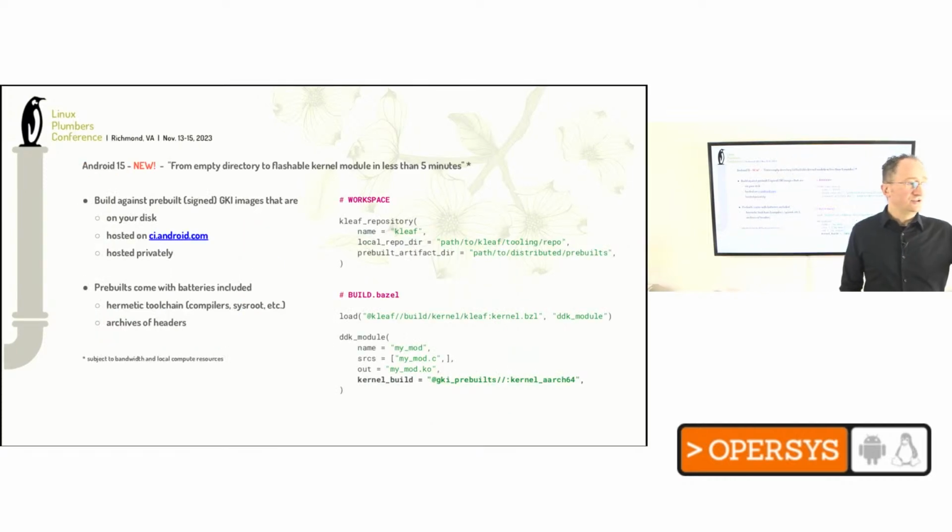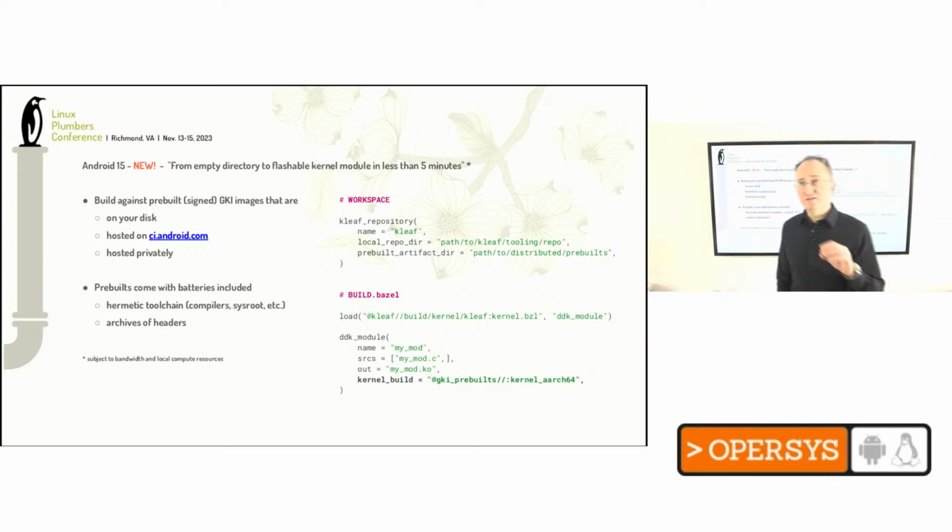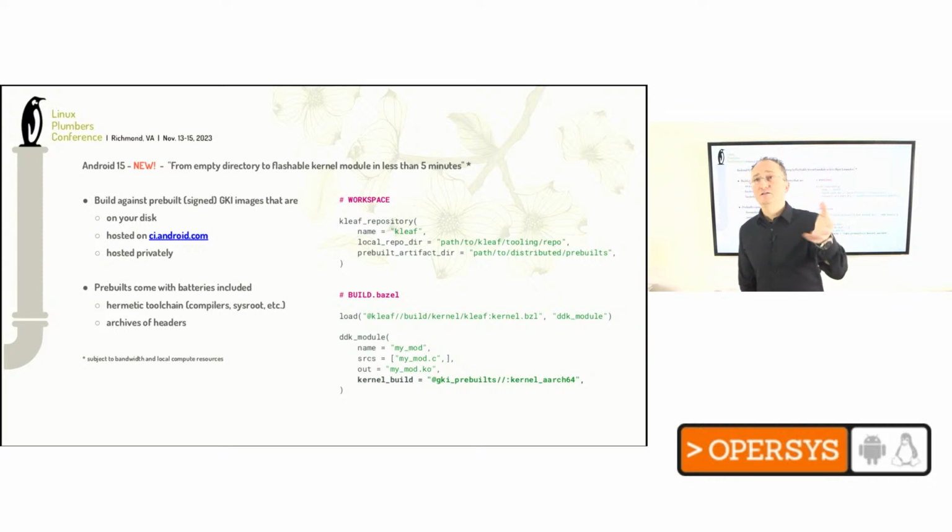One of the really interesting things is that you're now going to be able to build modules straight against the artifacts that are published by Google at ci.android.com. In other words, you get a GKI kernel and you can build your module against that binary download without having to get the sources.